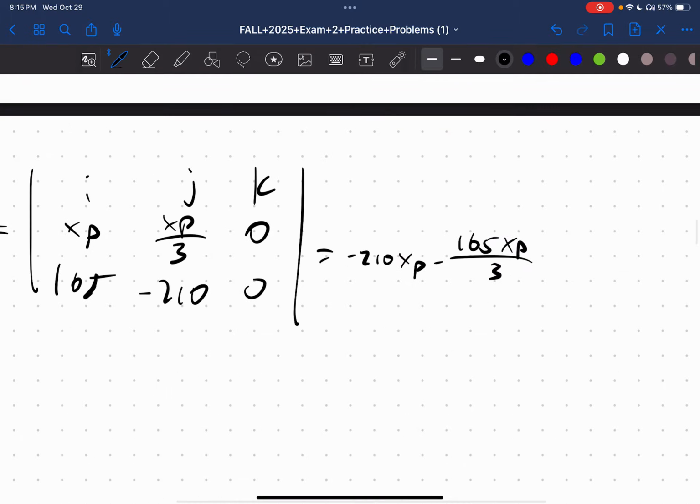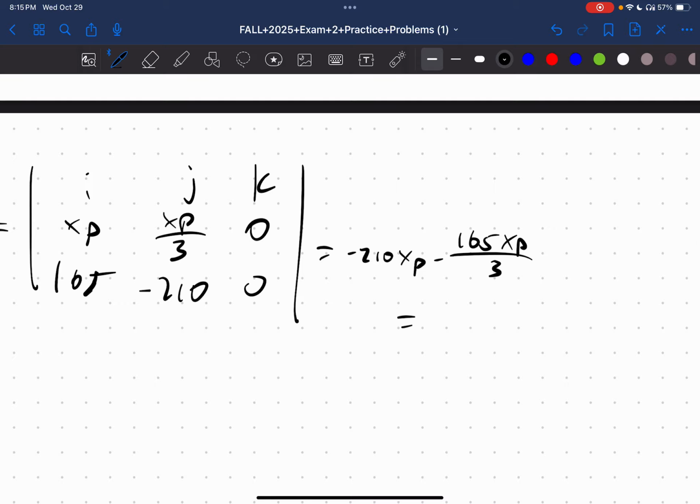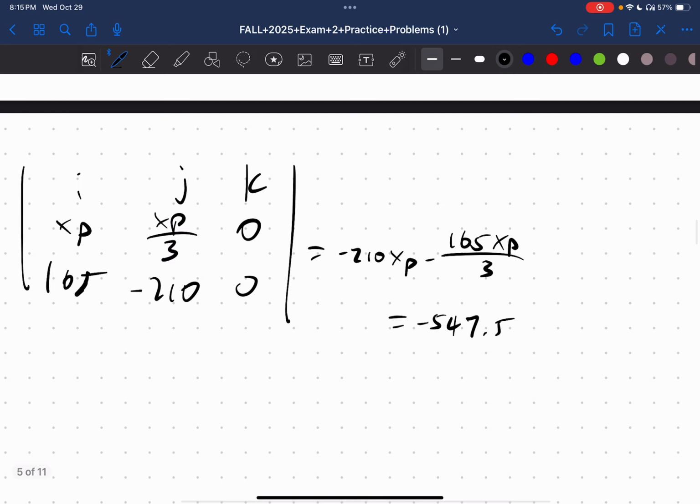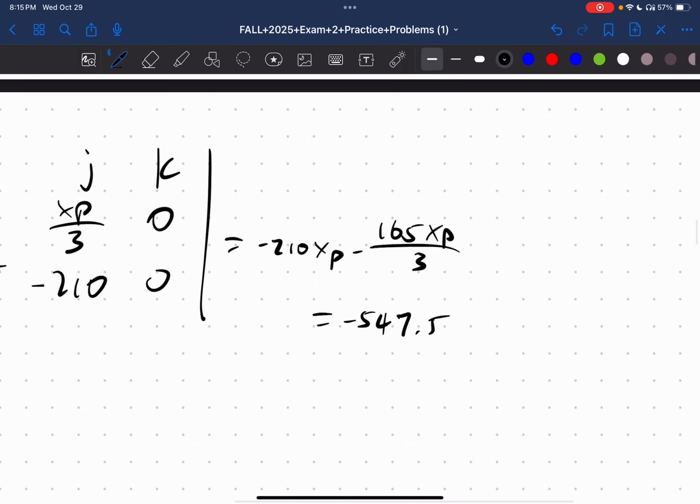That looks about right. Which is going to be equal to negative 547.5, which is going to be equal to, yeah, this is the moment MR.